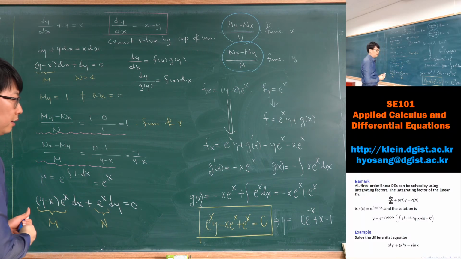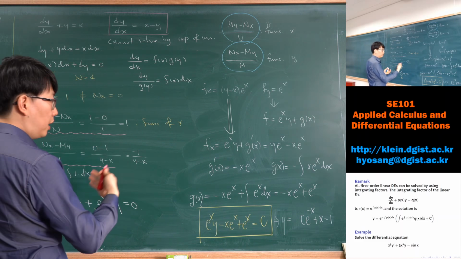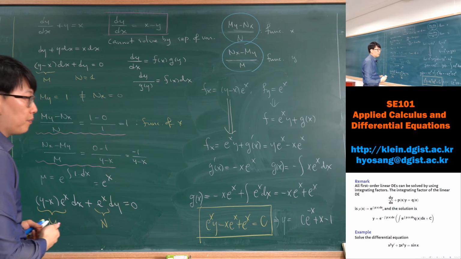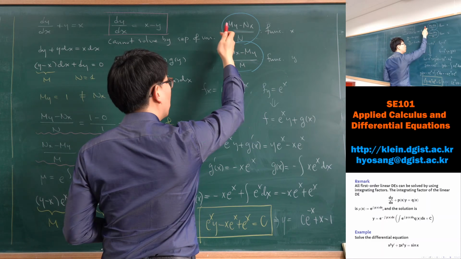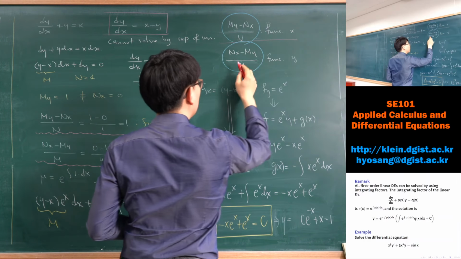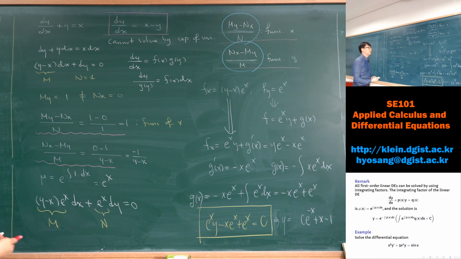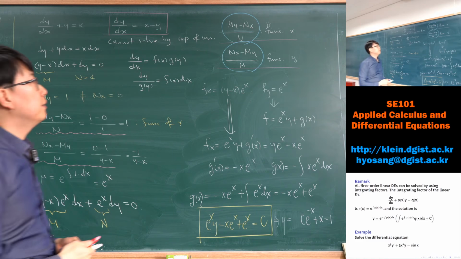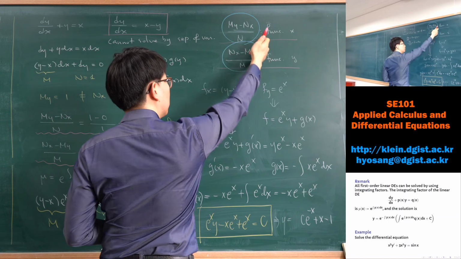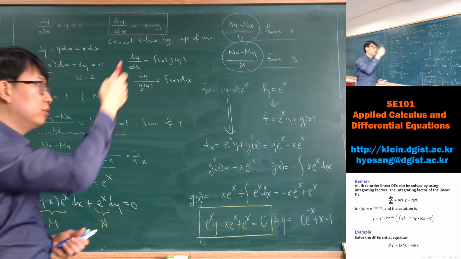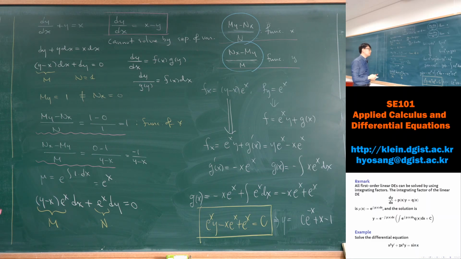Then you will always see that the other part will not satisfy the condition. So either this condition is satisfied or that condition is satisfied. The best way is just to see both formulas and check which of the two conditions is satisfied.